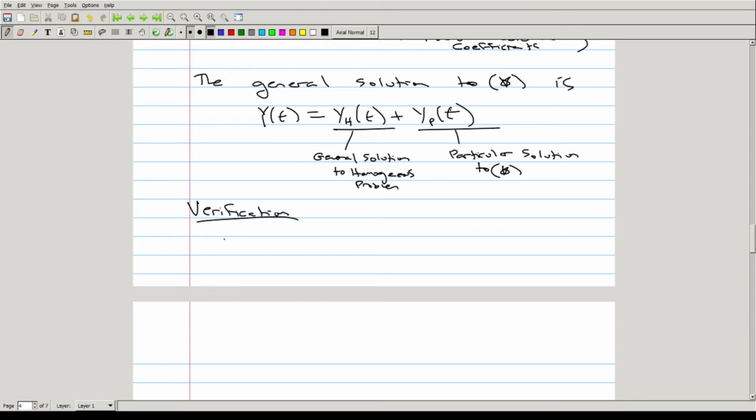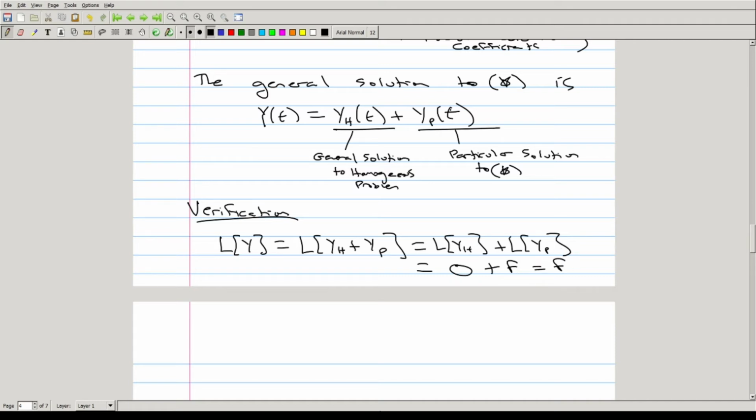And you can verify this relatively easily. If you look at L of y, this is the same thing as L of yH plus yP, which is L of yH plus L of yP, due to the linearity of the differential operator, and because yH satisfies the homogeneous equation, this will be 0, and this will just be the forcing function.